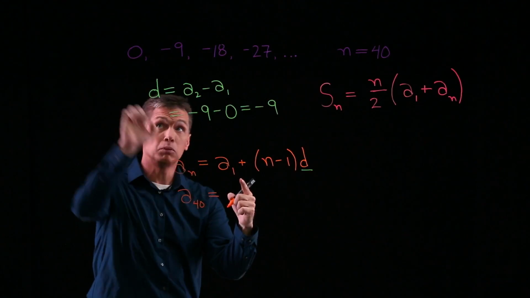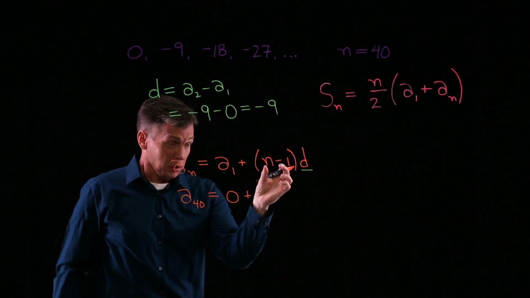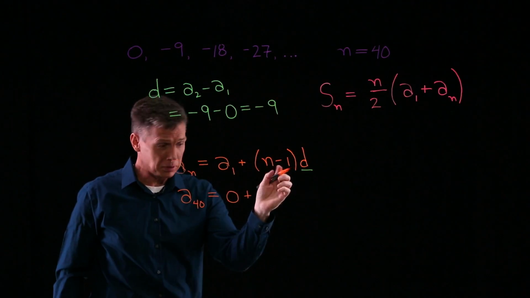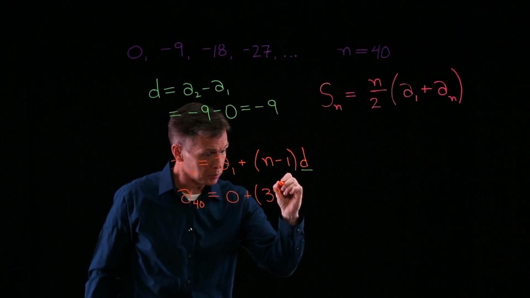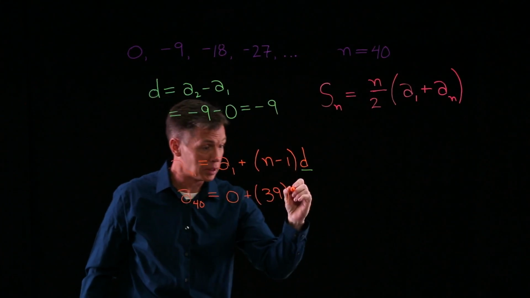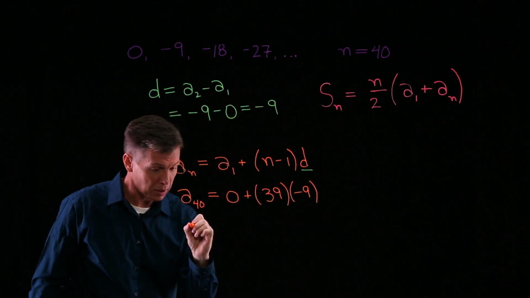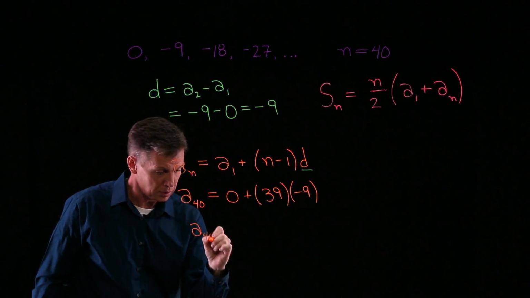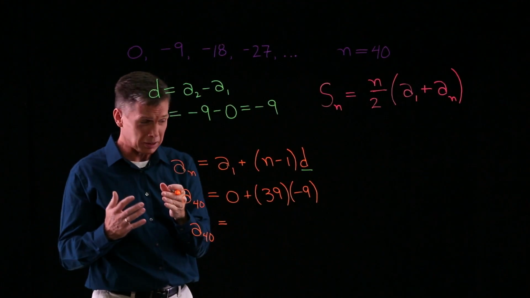This equals a sub 1, which we know is 0, plus n minus 1, so 40 take away 1, that's 39, times that d value, which was negative 9. All right, just about there then. A sub 40 equals some arithmetic. Do we need a calculator?